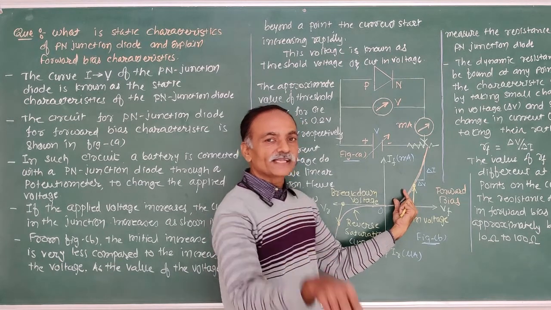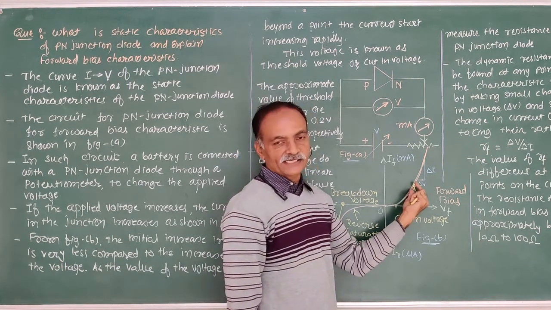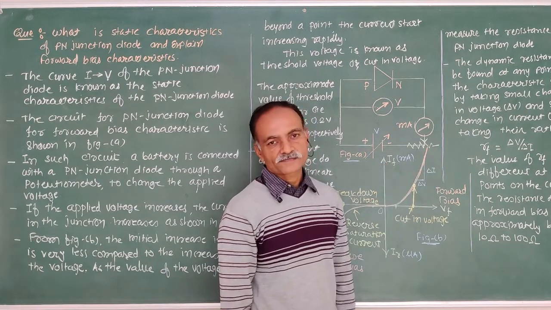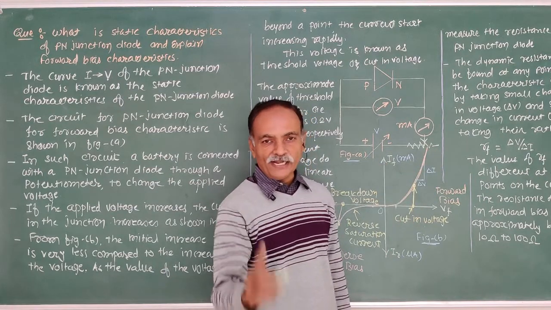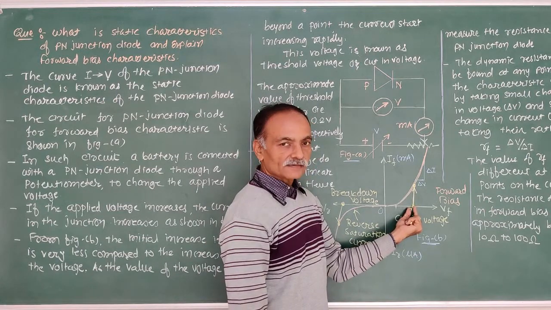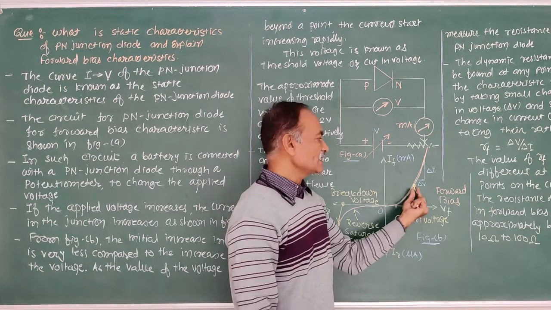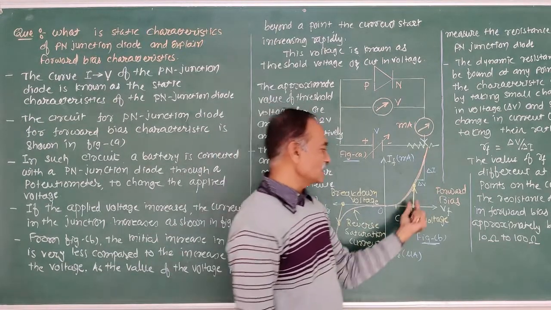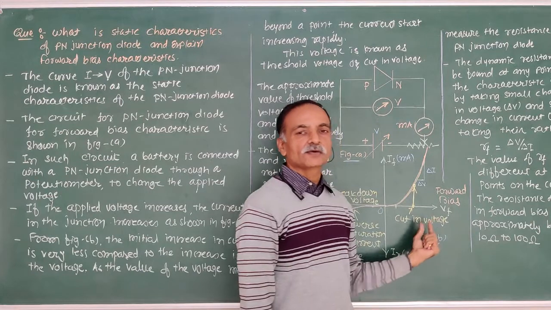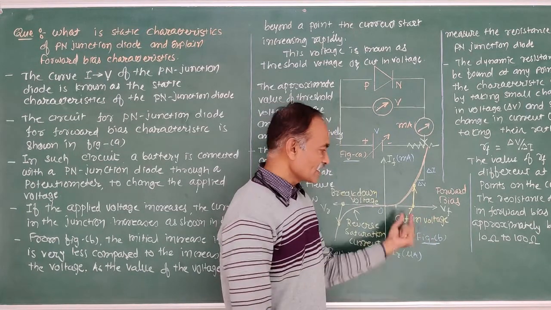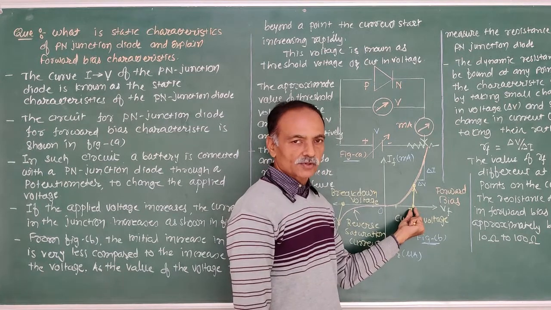Right? As the voltage increases beyond a point, a rapid increase takes place in the current. The point at which, from this voltage, the rapid increase takes place in the current, this voltage is known as the cut-in voltage or the threshold voltage.